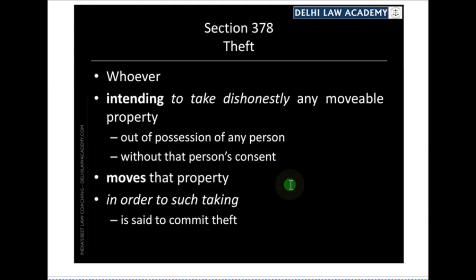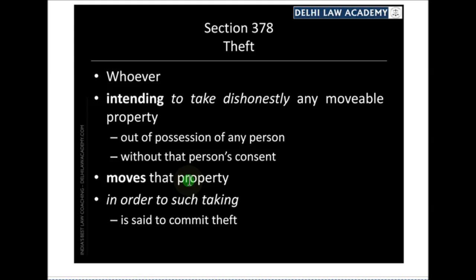The student will find that this definition is exactly the same as given in the principle in question number 1 above. Once again, the student should note that the very important word is dishonestly. The property should be movable property, the intention should be to take it dishonestly, and then there should be moving of that property.